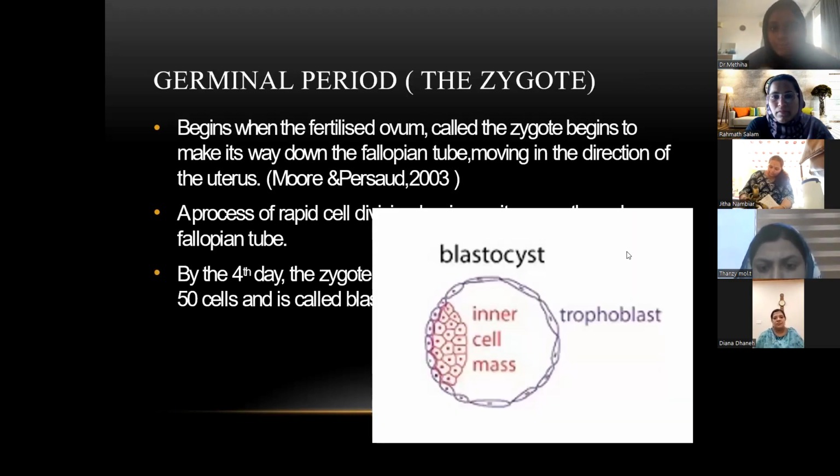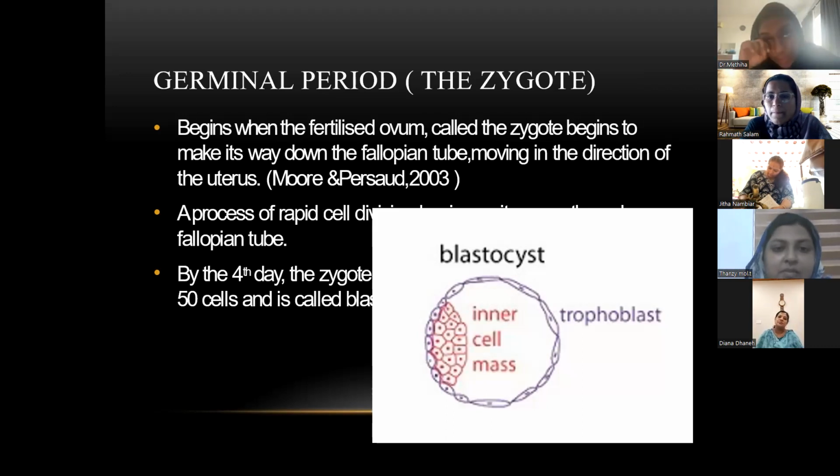As I told earlier, it begins when the fertilized ovum, which we call the zygote, forms. Have you seen the picture of a uterus with the fallopian tubes? Yes.